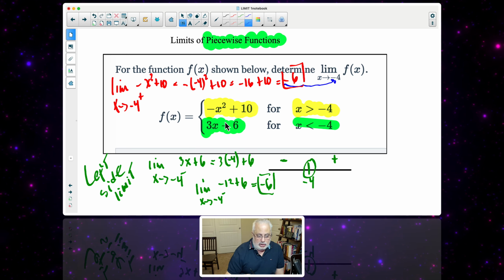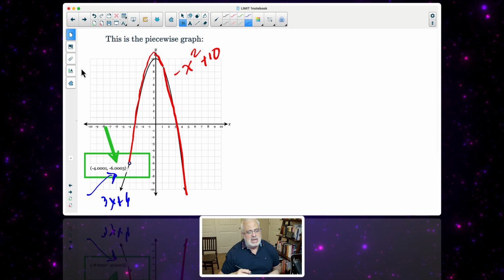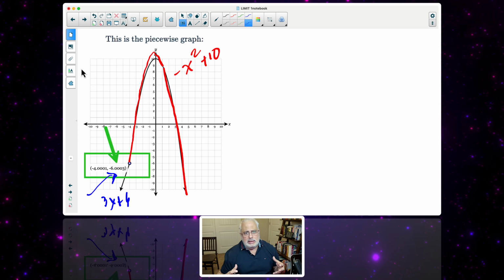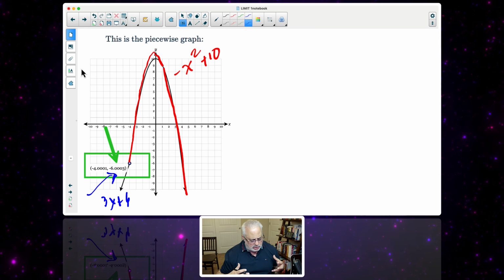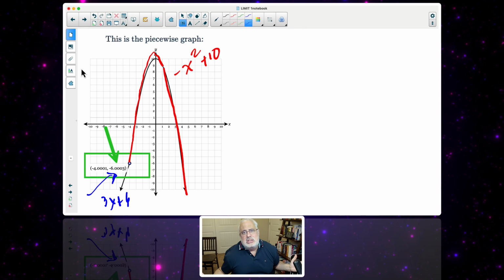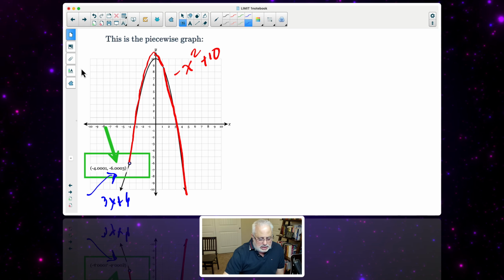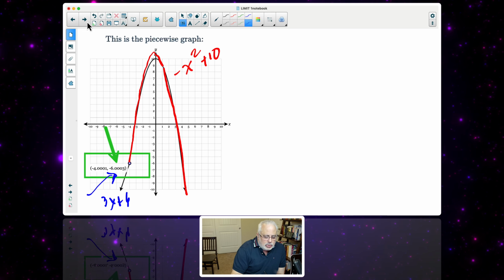And I get the same value, -6. This is limit from the perspective of algebra, from the perspective of geometry, the graphing representation, and tables. It's beautiful. It's really beautiful.